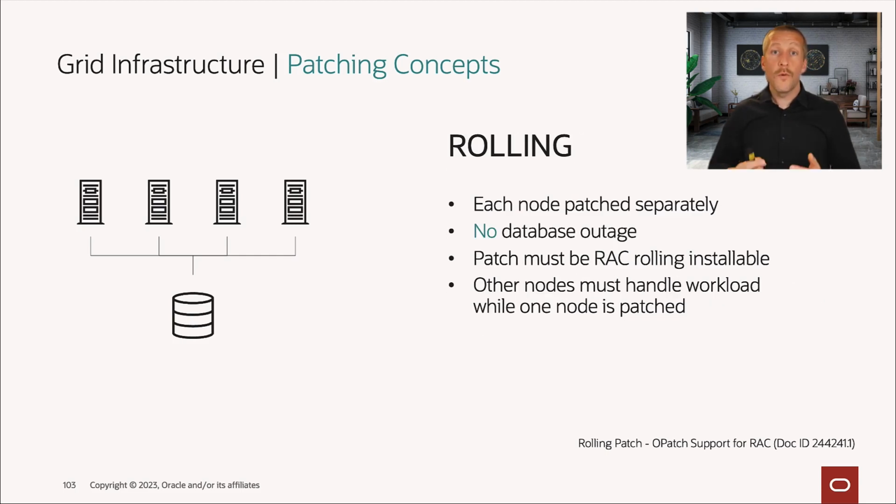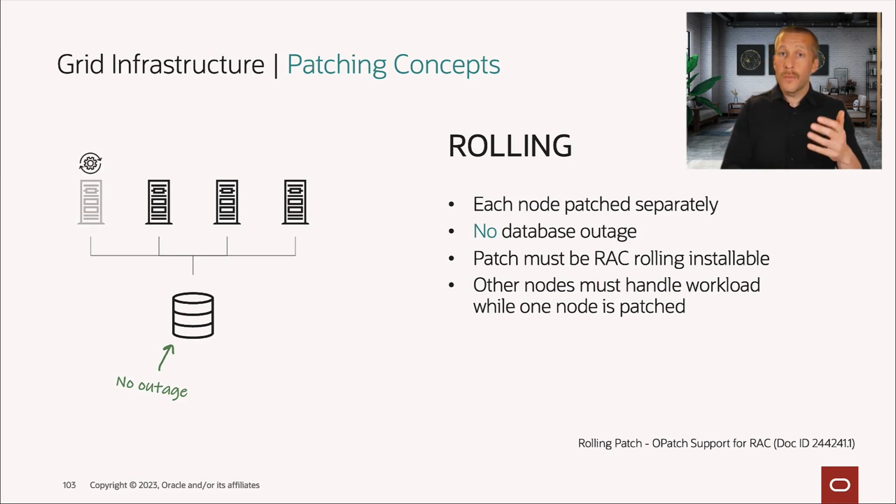Next method is rolling patches. When you do that, each instance is taken down for maintenance to apply a patch, and then it's brought back online. Then we take the next instance, until all the instances have been patched in a rolling manner. Because all the time there's an instance available, it means that the database is online and available for the entire duration.